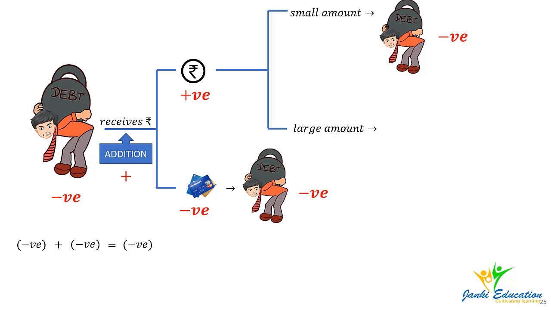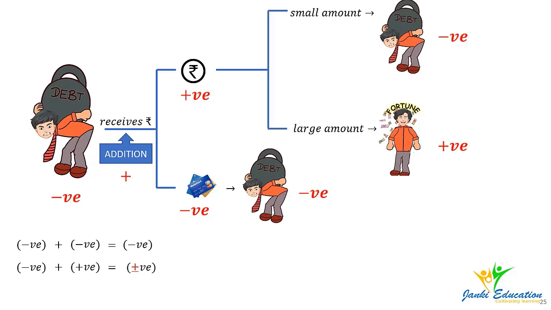As well, if I receive a larger amount than my debt, then I will become a man with wealth, which is positive. So there are two chances, negative or positive. So here I can represent negative plus positive results in positive or negative. Clear? I hope you are understanding, right?